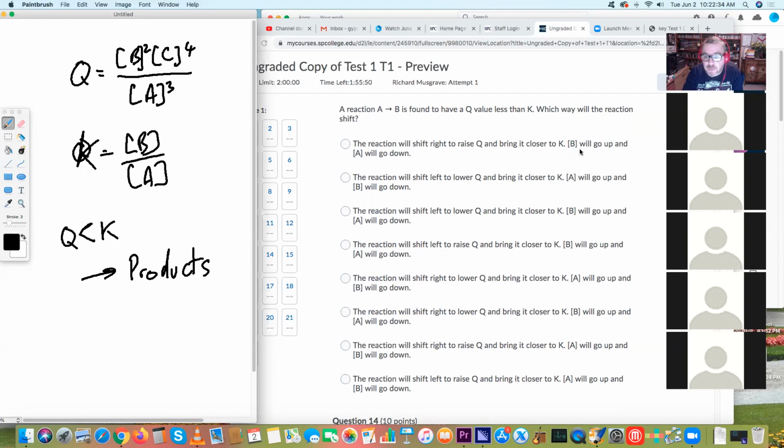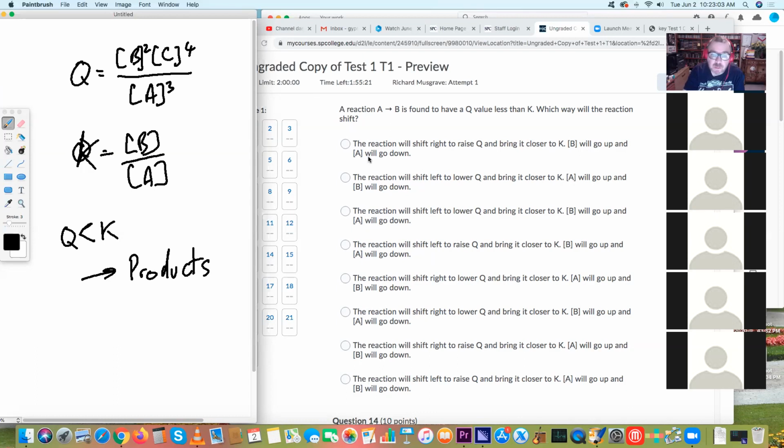Well, all I can say is if you look at the answer here, it says B will go up and A will go down. This will happen as a matter of course, because if B is going up, then A is turning into B, so A is automatically going down in amount. Okay. Yeah, it has to make it bigger. That's right.